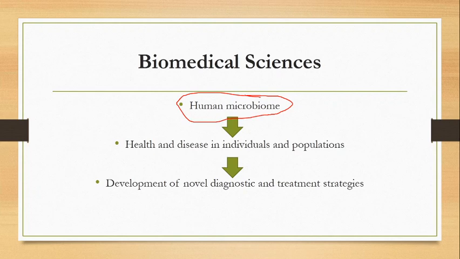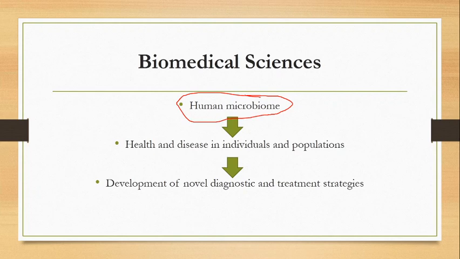So there is a certain role of those microorganisms in the health of humans, that is the normal flora of humans, right? So through metagenomics, you can identify that, apart from those culturable microorganisms which are the normal flora of our body, there are so many non-culturable microorganisms, and through knowledge of those non-culturable microorganisms, we can cure many diseases, right?